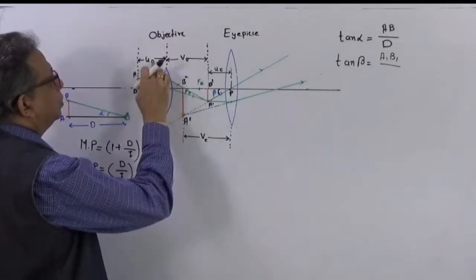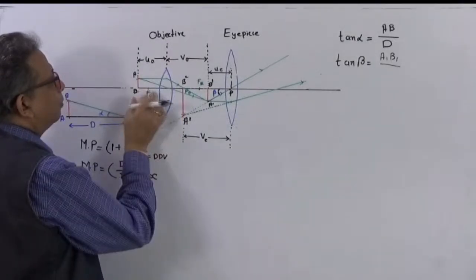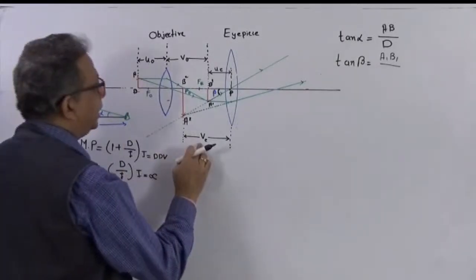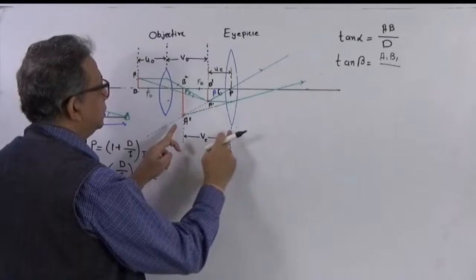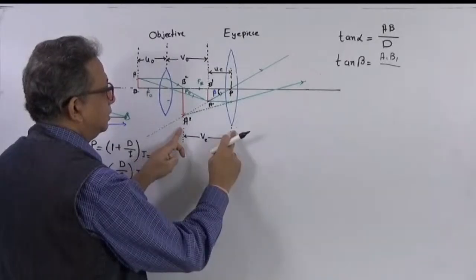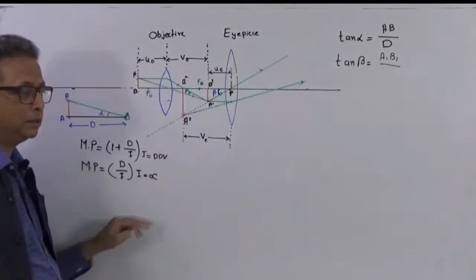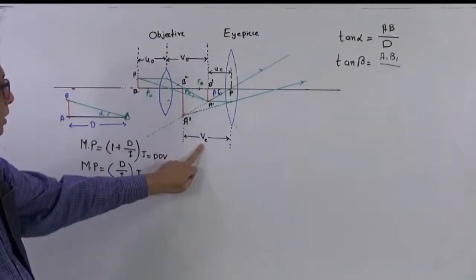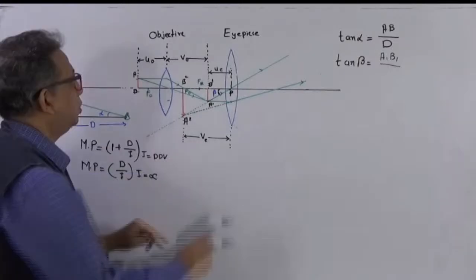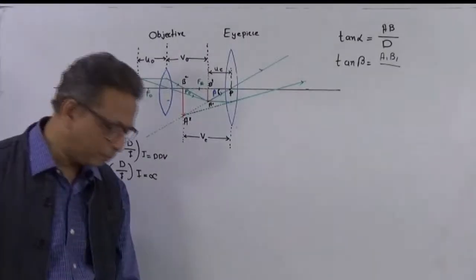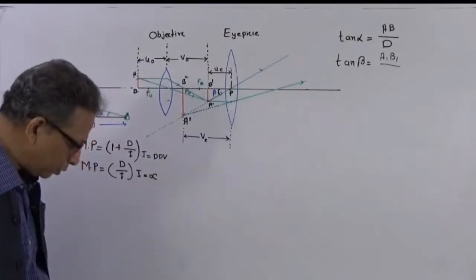U0 is the distance of the object to the lens, so it is called U0. VE is the image distance from the lens of the eyepiece, so it is called VE. Please make a note of these important subscripts that we have used for U and V, because we have got two lenses. In the simple microscope we had only one U and V. So here we are going to use two sets of U and V.